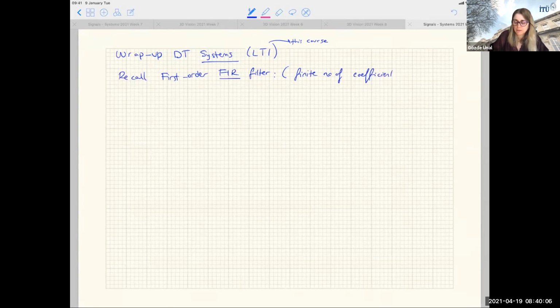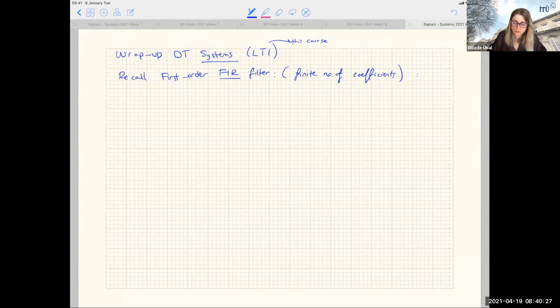These IIR filters typically are used in electrical electronics engineering, and that's why in this course we are not really covering them, but I gave you an example last time.